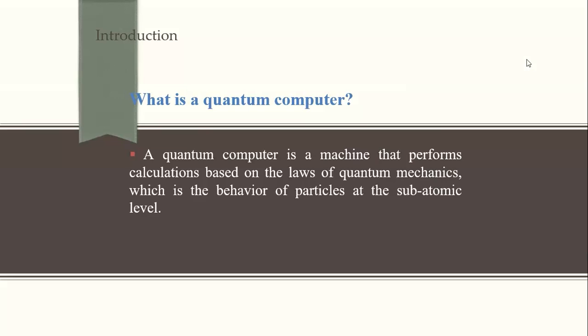First, what is a quantum computer? A quantum computer is a machine which performs calculations by using the laws of quantum mechanics.